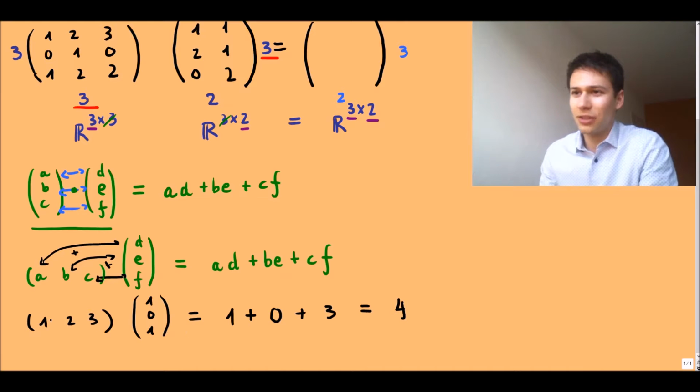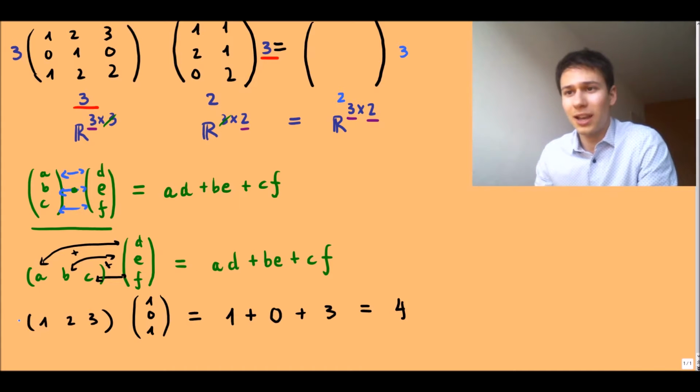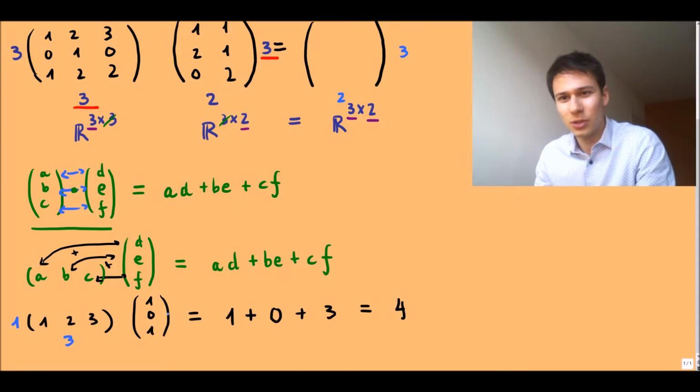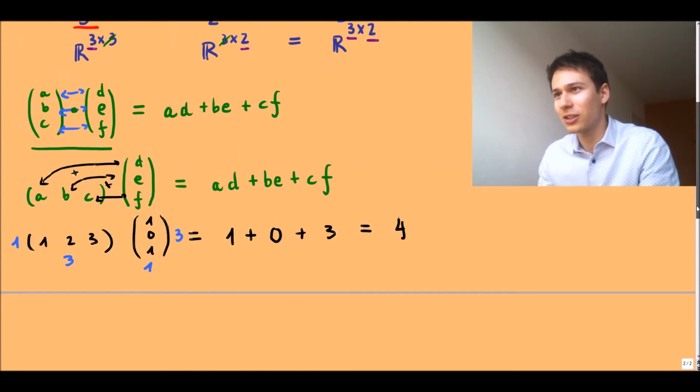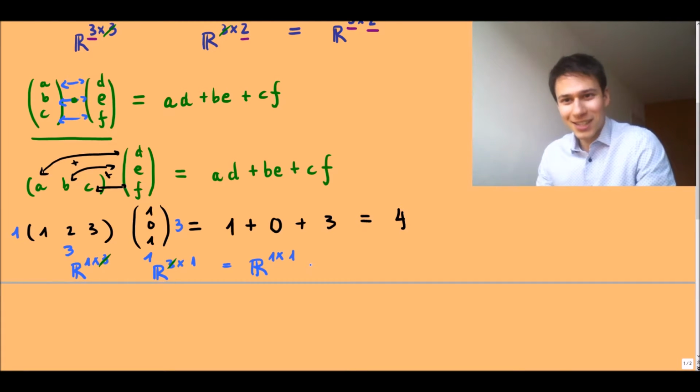And you can also see that this is perfectly valid when it comes to the dimensions, because we have, in this case, 1 row, 3 columns. In this case, we have 3 rows and 1 column. Therefore, what we have here is an R1 cross 3 object multiplied by an R3 cross 1 object, these numbers go away and we are left with an R1 cross 1 object, which is exactly a scalar, right?